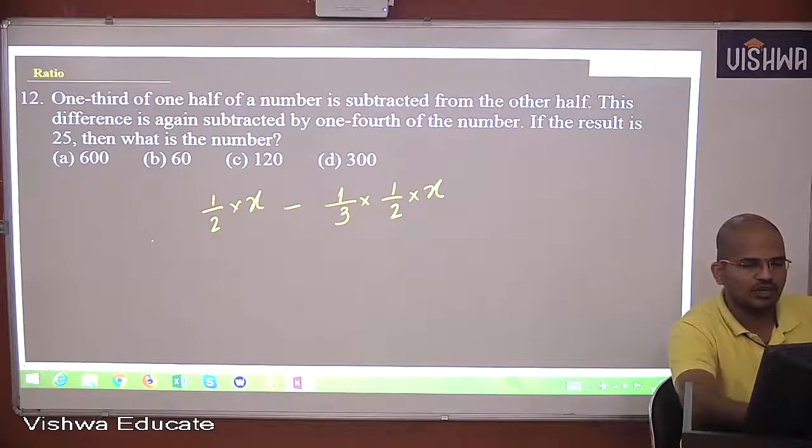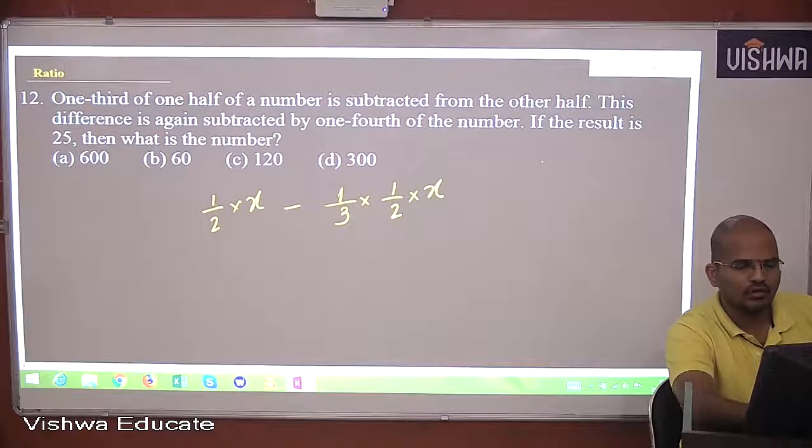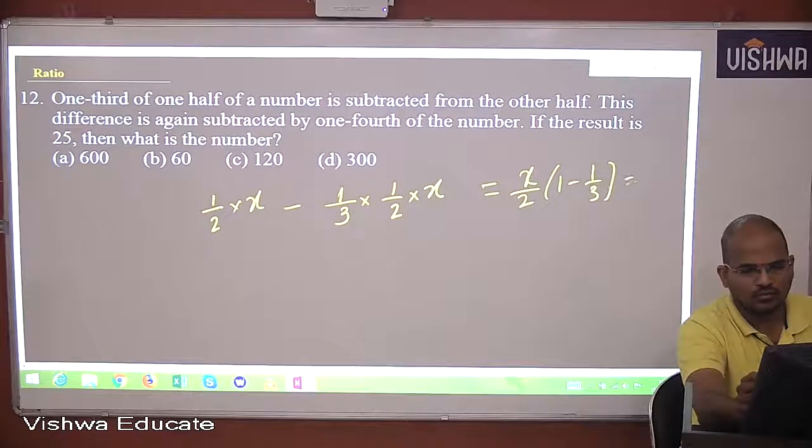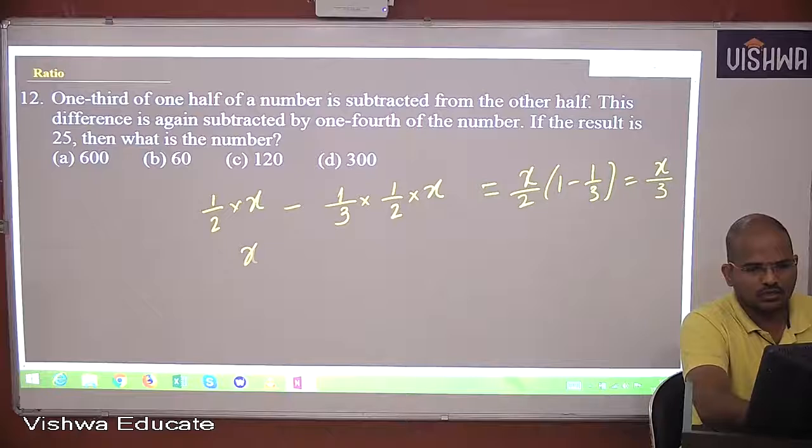This difference is again subtracted by 1/4 of the number.